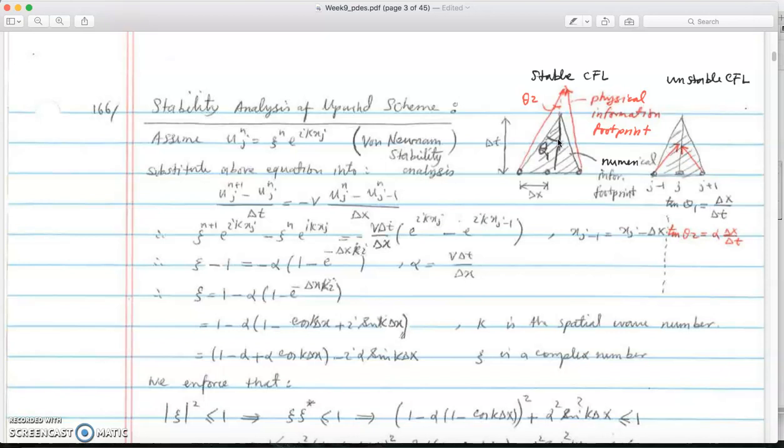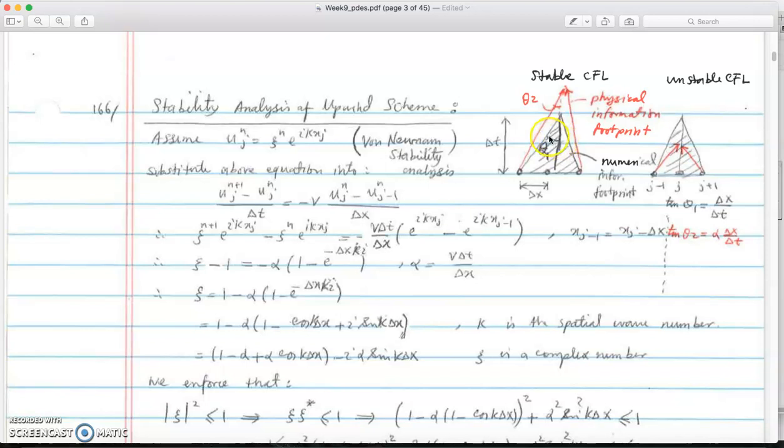So if I have a wave and this wave propagates in space, the speed with which I calculate the progression of the information in time should be less than the physical speed. It means I cannot predict something that hasn't happened yet, mathematically, alright?